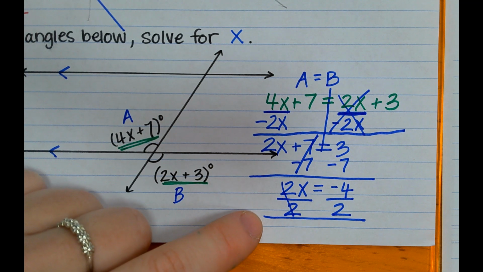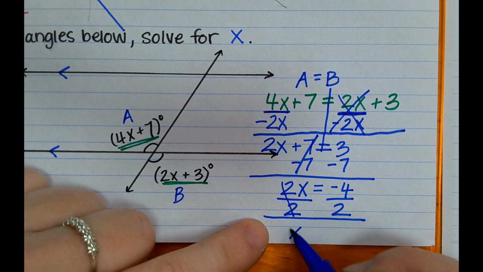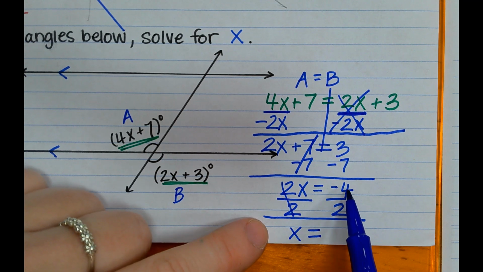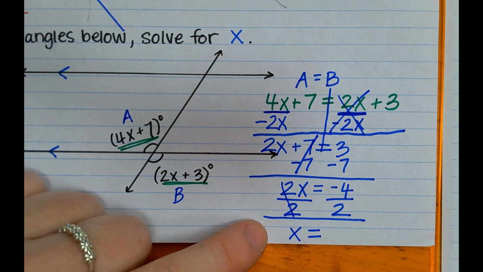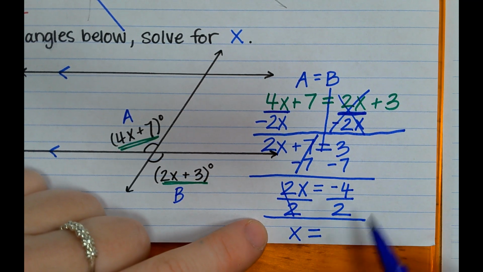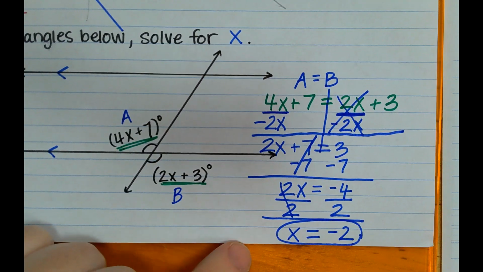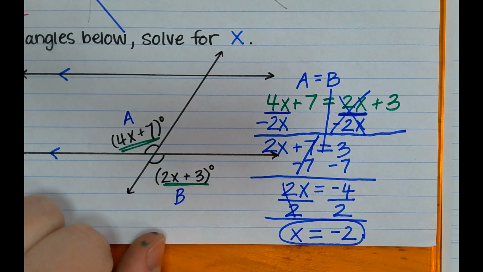We don't need to write the 1. We just know there's 1x left. X equals, what's negative 4 divided by 2? Negative 2. Good job. And that would be our answer, guys. X equals negative 2.